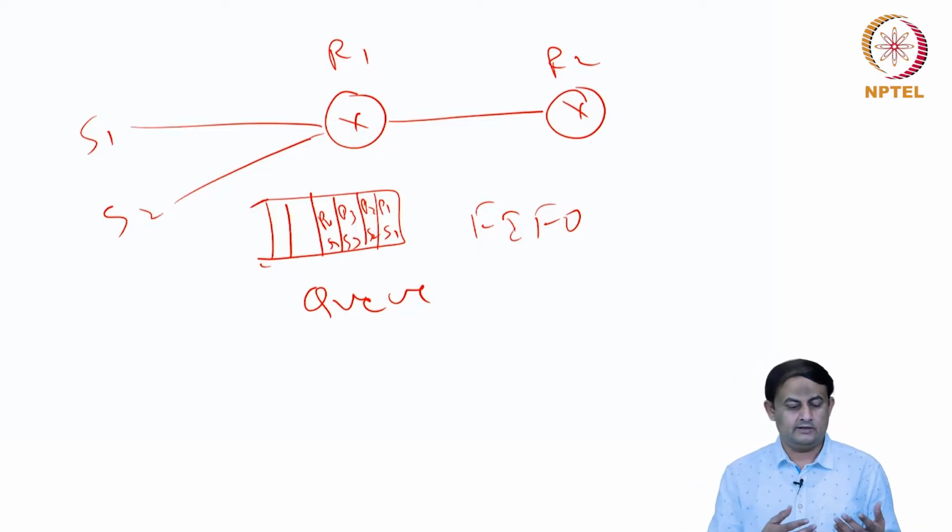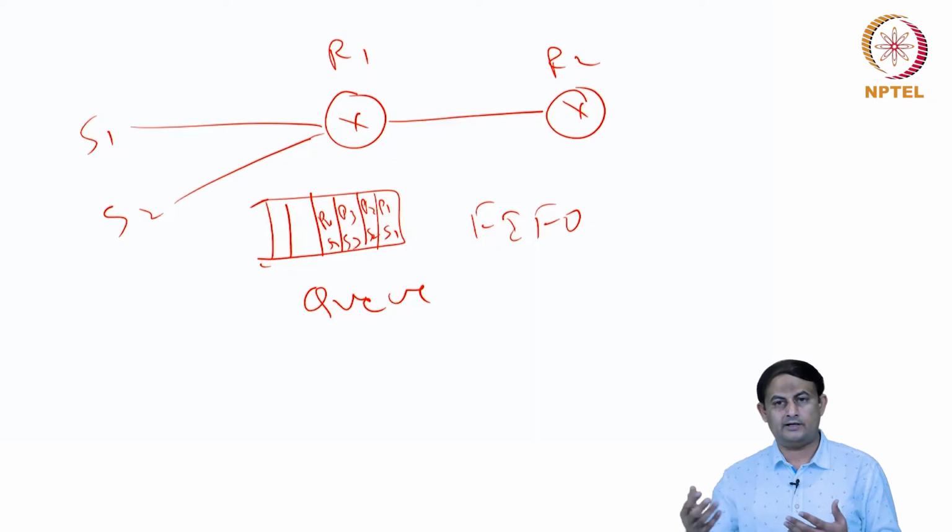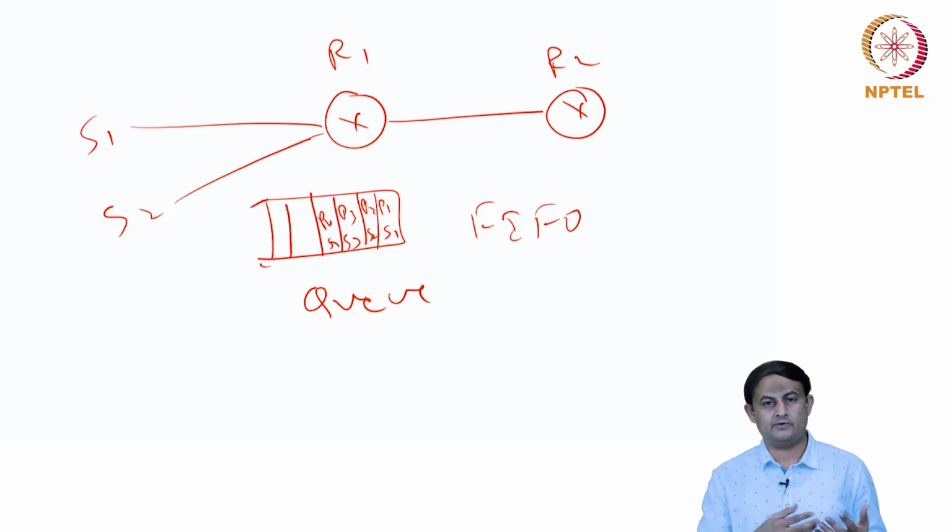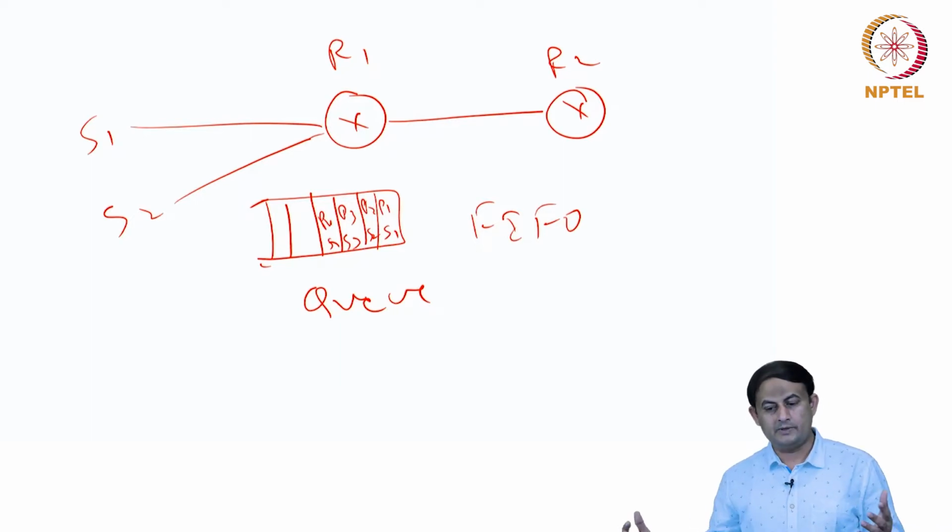So here if I want to provide priority to the traffic originating from S1 over the traffic originating from S2, using the FIFO strategy, I cannot really do that.